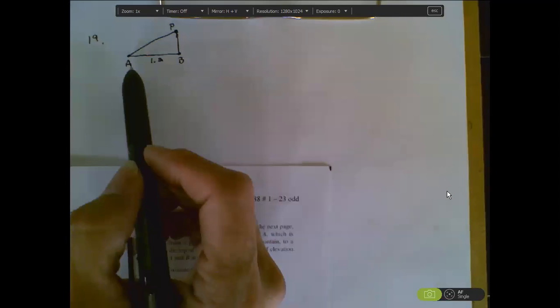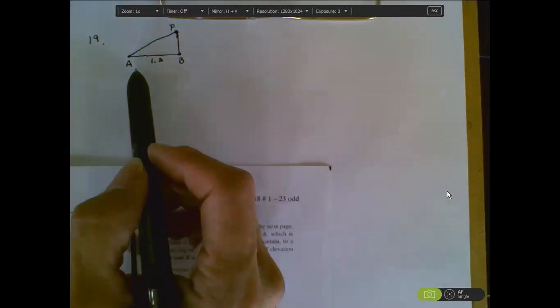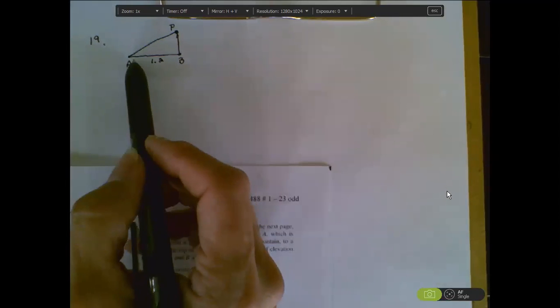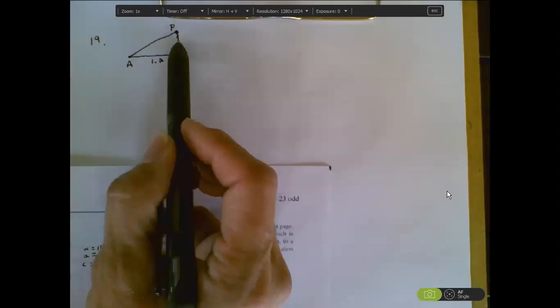The angles of elevation of P from A and B are 21 degrees and 65 degrees respectively. Now remember, angles of elevation always mean with respect to the horizontal. So a person standing at A and looking up at P would have their neck craned at a 21-degree angle.